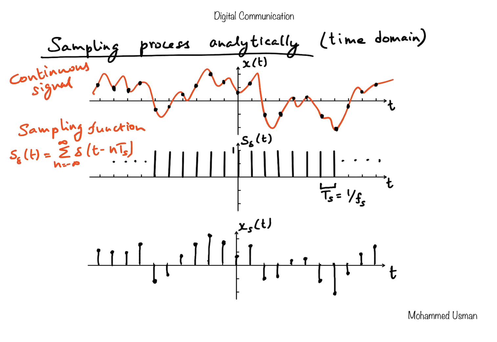So we can now write the sample function x_s of t. So that's our sampled signal, which is our discrete signal, by the way. And we have obtained that by multiplying the continuous signal x of t and the sampling function s delta of t.